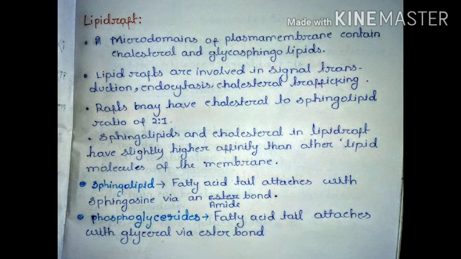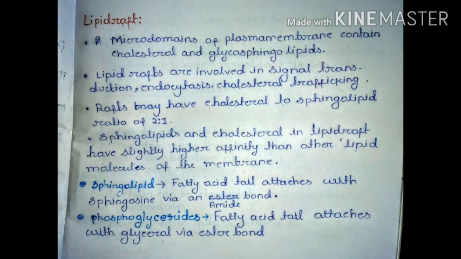Lipid rafts are involved in signal transduction. We know what signal transduction is: when the ligand binds with the receptor, there may be some downstream pathways, that is signal transduction. So the lipid raft takes part in signal transduction, endocytosis and cholesterol trafficking.